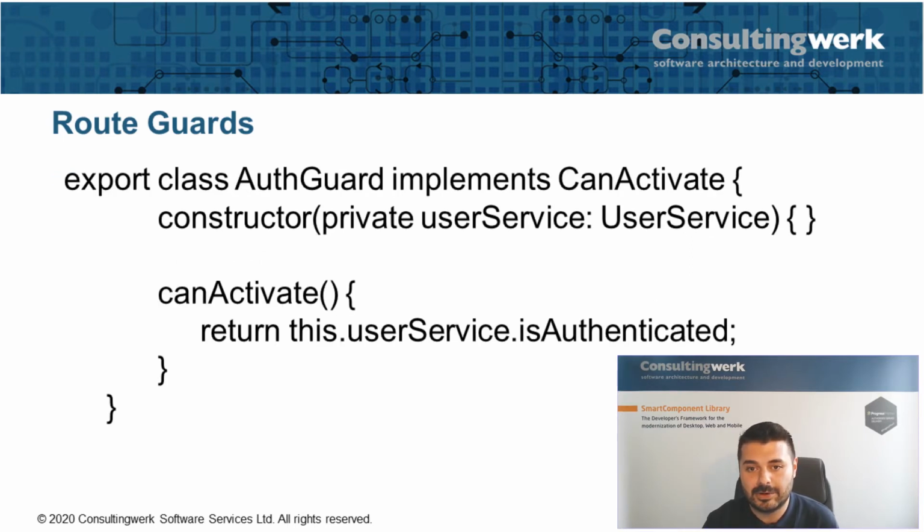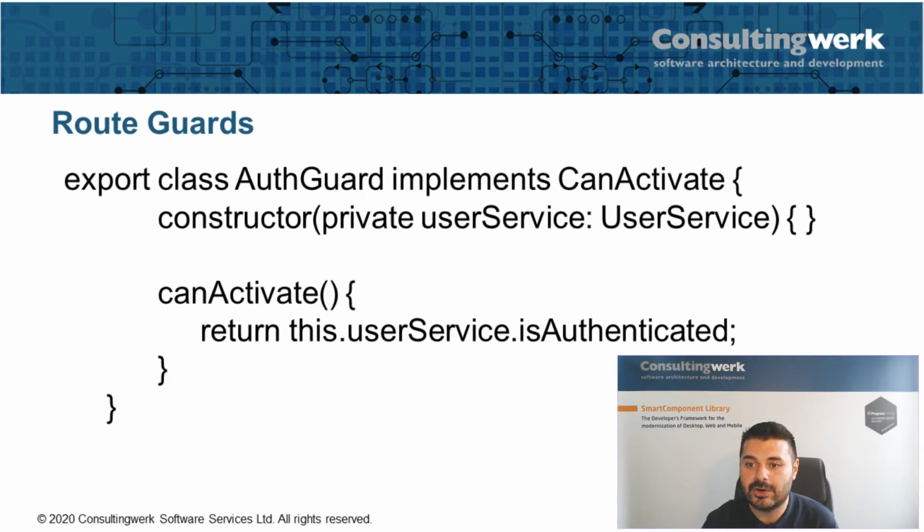Here is an example of a route guard. This one is called authentication guard, and it implements the CanActivate interface. Now, what this means is that it's going to have a canActivate method, which Angular will call automatically before navigating the user to the requested route.